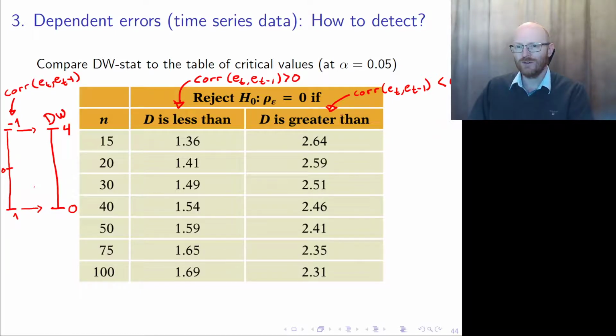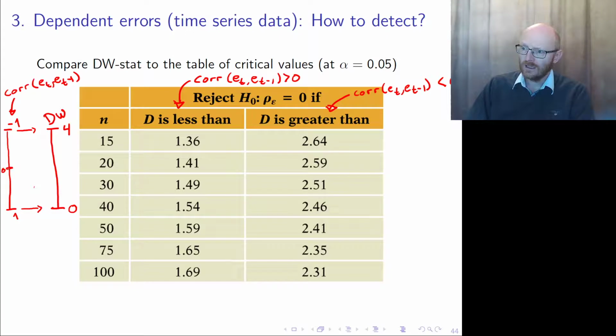And a negative autocorrelation is extremely seldom to see. What you often expect is to see a positive autocorrelation.